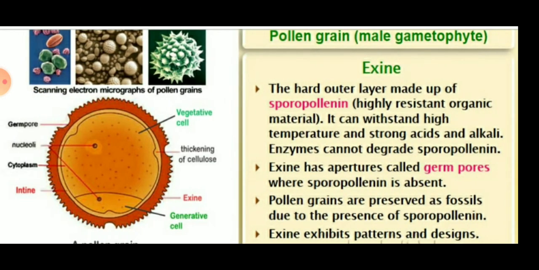Children, the exine is a very hard layer. It is the outer layer, made up of sporopollenin, a highly resistant organic material which can withstand high temperature, strong acids and alkali. No enzyme can degrade sporopollenin. The exine has apertures called germ pores where sporopollenin is absent.